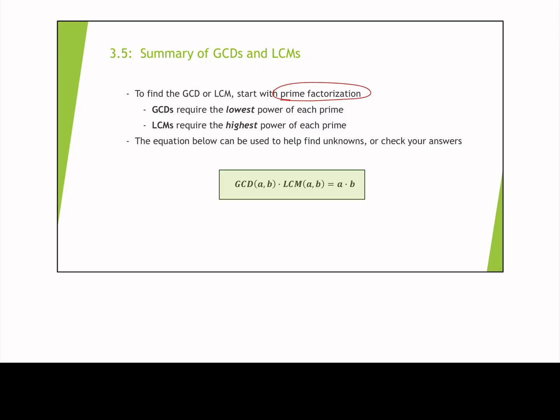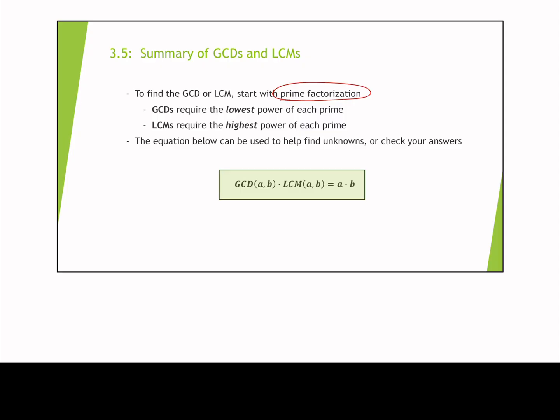Once you have prime factorization completed, the GCD requires that you choose the very lowest power for each of those primes. Alternatively, the LCM, or lowest common multiple, requires that you pick the very highest power for each of those primes.